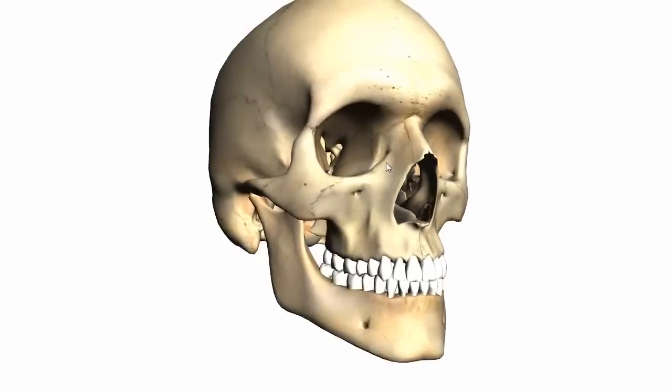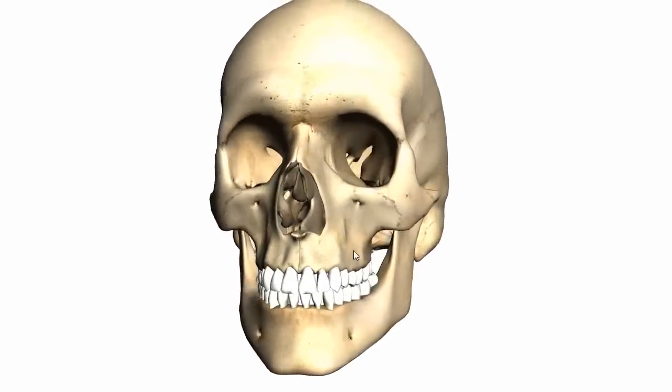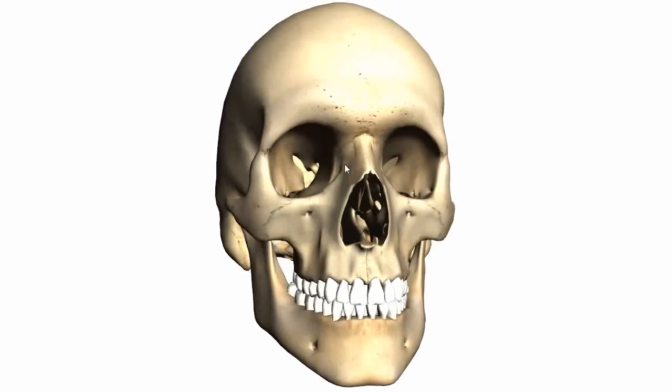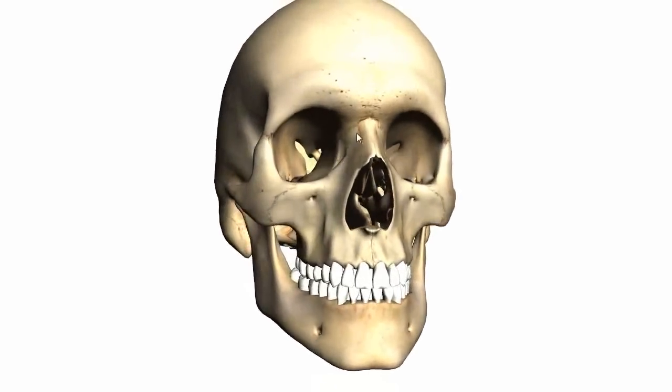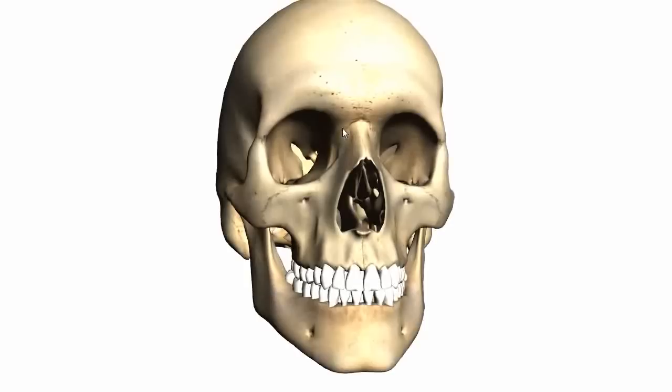And here you've got this bone here, the maxilla, and this, as you can see, makes up the medial part of the orbit. It's got a few processes. A process is just something that sticks out. So this process here is called the frontal process because it articulates with the frontal bone.